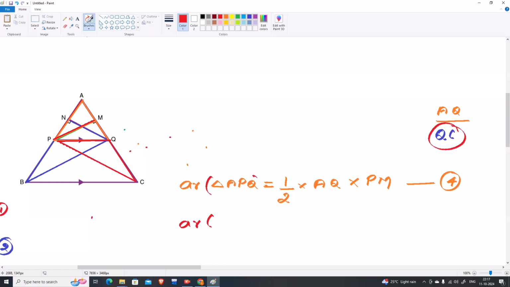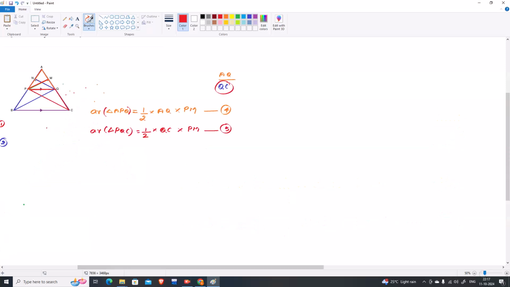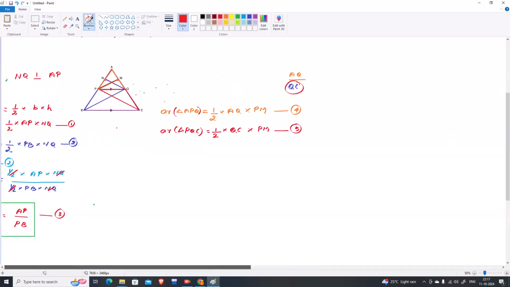Now we are going to find the area of a triangle PQC, which is equal to half into base. Here the base is QC multiplied by PM, which is considered as the fifth equation.